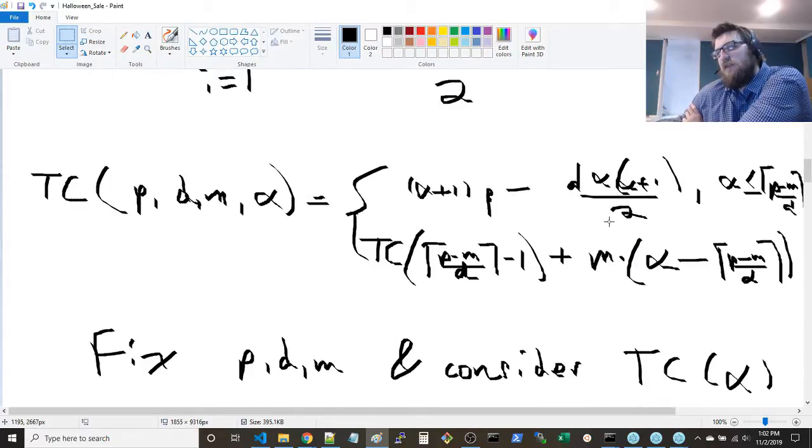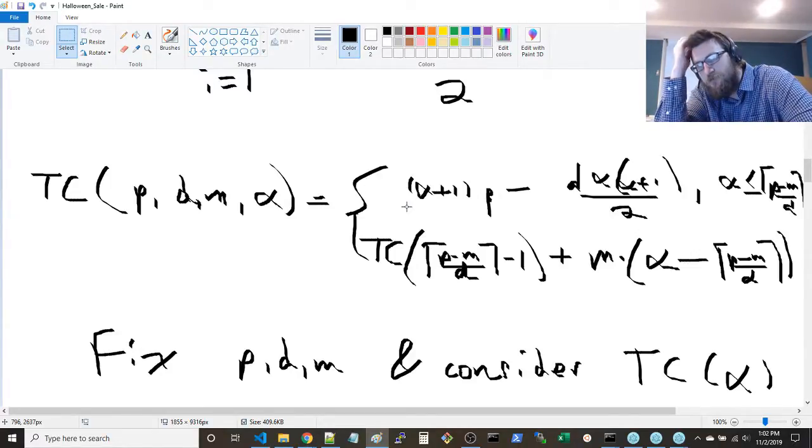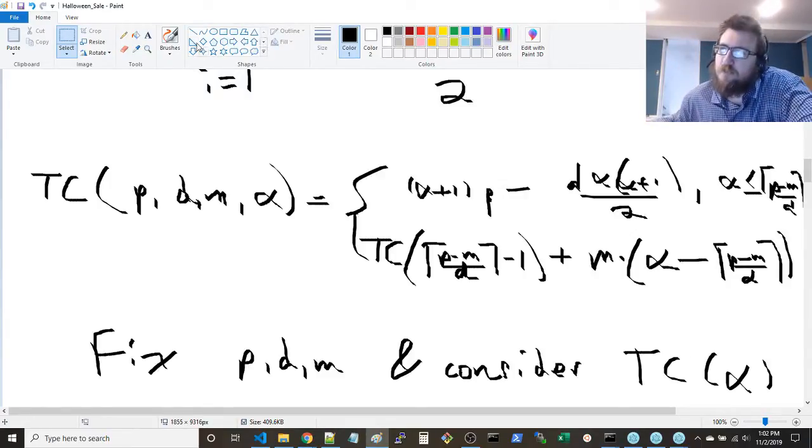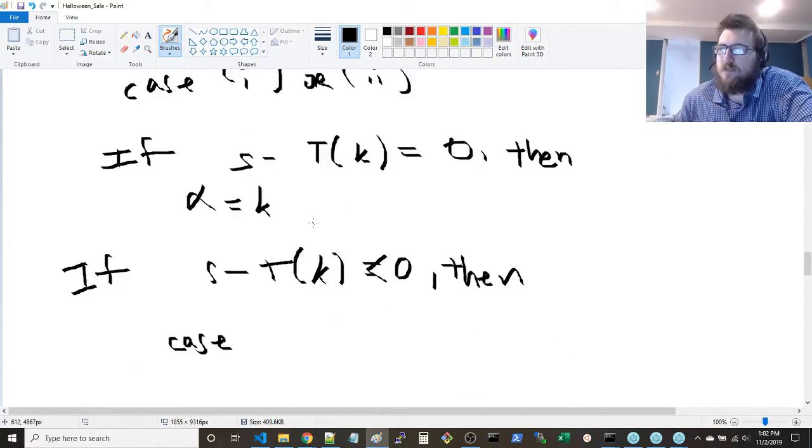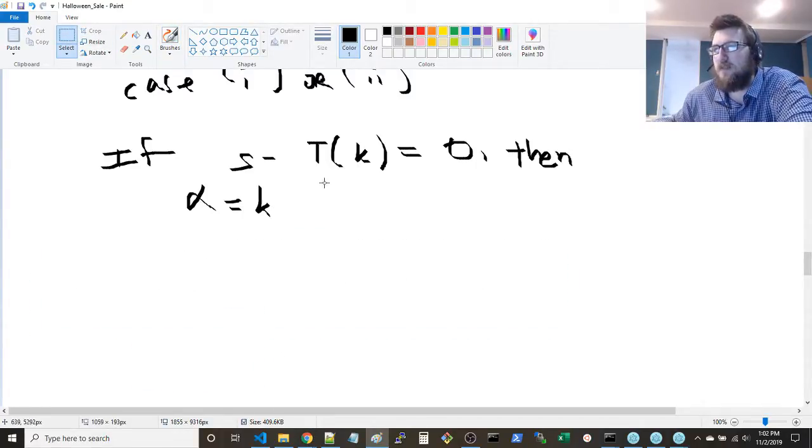The tricky part here is, if it's less than m, but still positive, then that means you're looking at it the other way around. It's equal to 0. It's really like this.